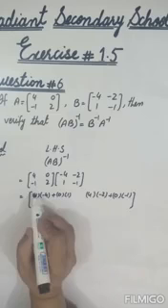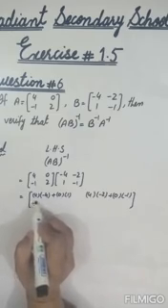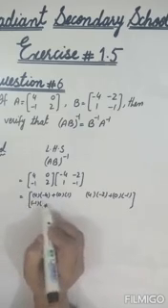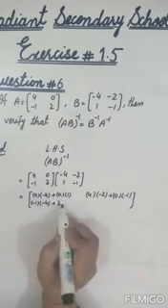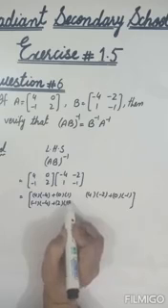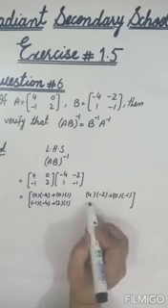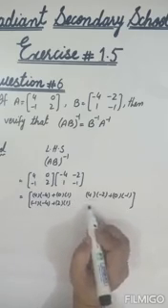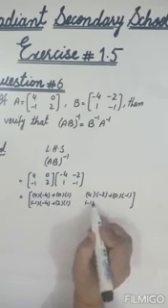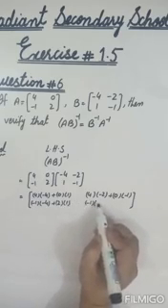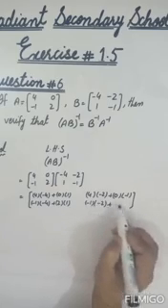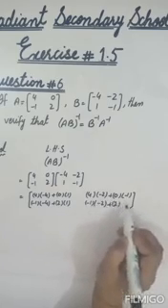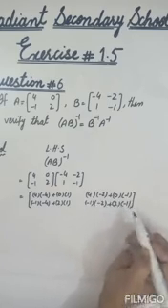Then second row with first column, minus 1 into minus 4 plus 2 into 1. Then second row with second column, minus 1 into minus 2 plus 2 into minus 1.